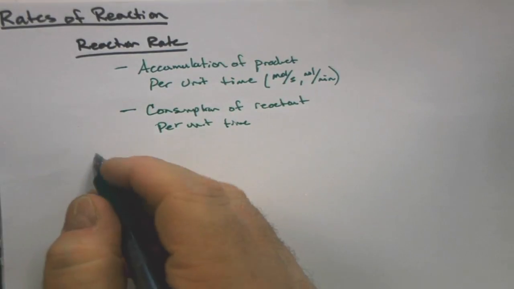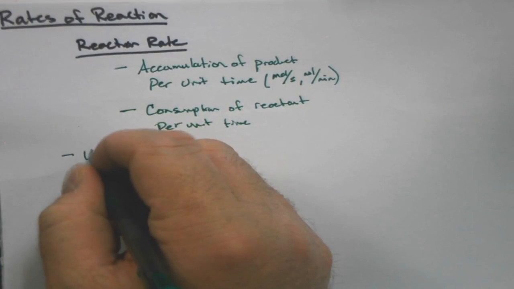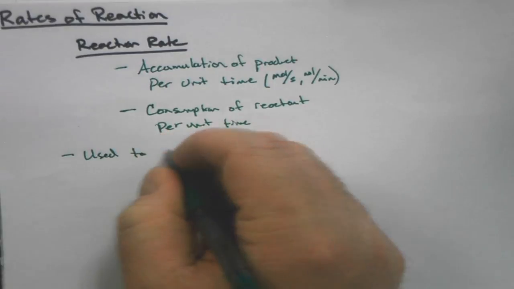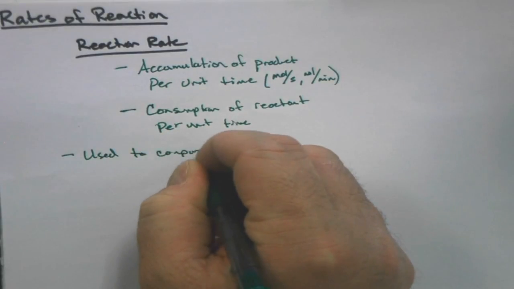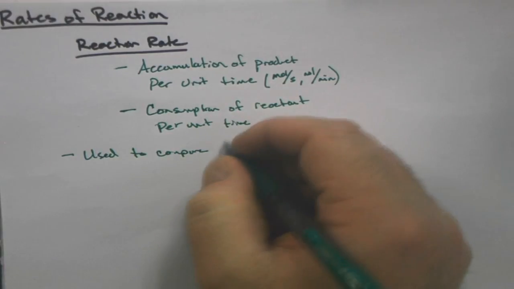And we use these for two things. When we have a reversible reaction, they're used to compare the rate of the forward reaction to the rate of the reverse reaction in order to determine equilibrium.